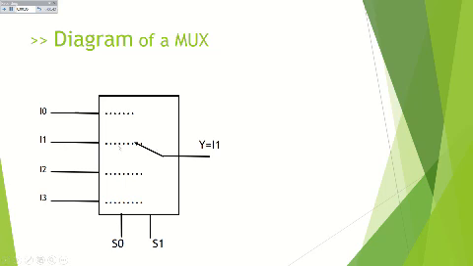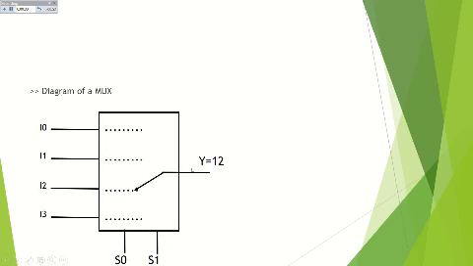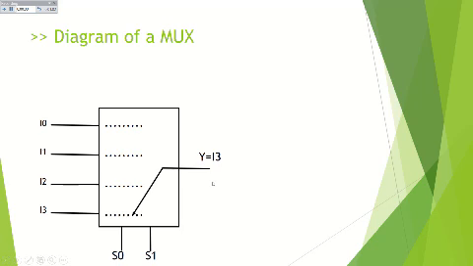When the dialer points to input 1, the output is the information from input 1. When the dialer points to input 2, the output is information from input 2. Same goes for input 3. So this is how a multiplexer is called a data selector.